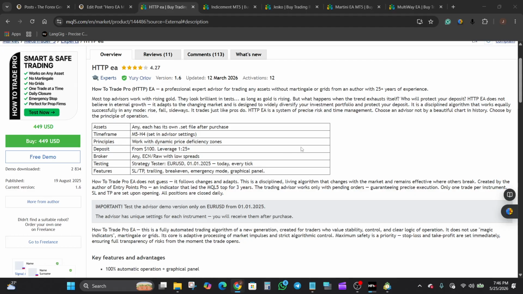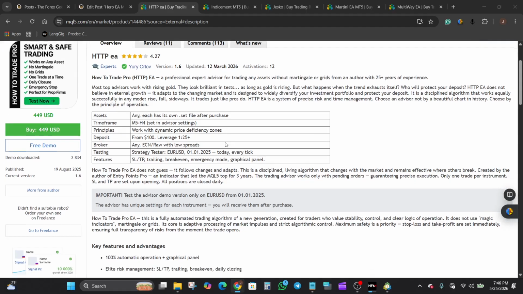Another important detail I notice is that the EA only uses pending orders. So instead of reacting after price moves, it places structured entries in advance, and every trade is opened with predefined stop loss and take profit levels.